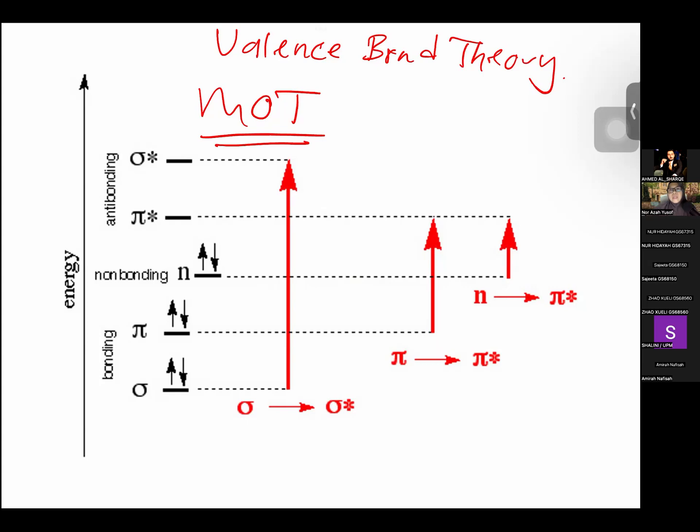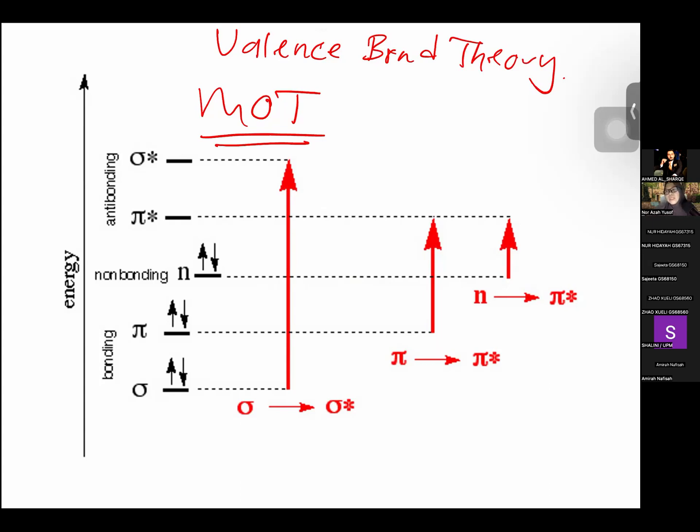In valence bond theory, you have the SPDF atomic orbitals, and when they are shared in a covalent bond, the orbitals are hybridized.